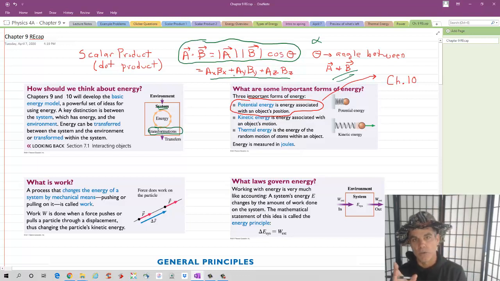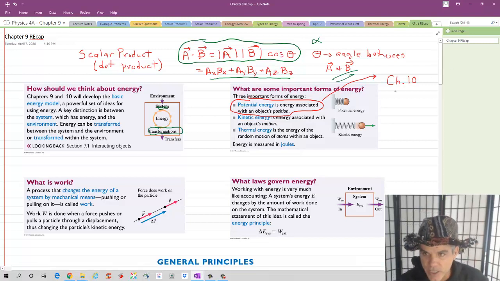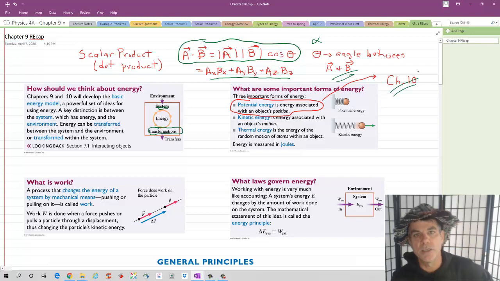Potential energy. So I mentioned potential energy, but we're not going to see it until Chapter 10. We've got gravitational potential energy, an object in an elevated position. Once I drop it, that potential energy can get converted into kinetic and also elastic potential energy. But that's in Chapter 10, but I did mention it just as an overview and introduction to energy.